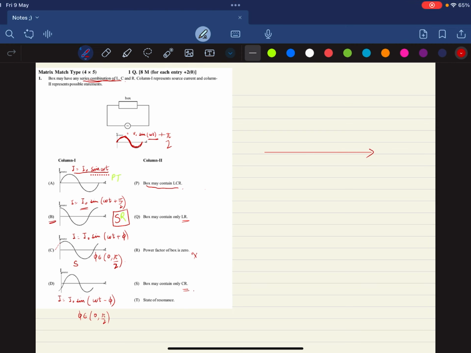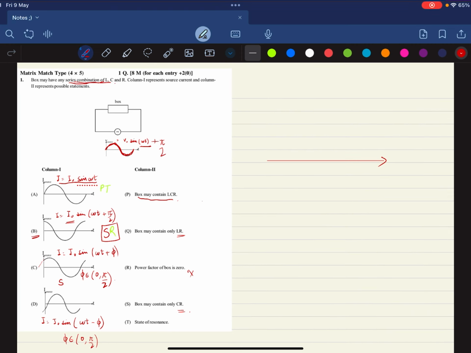In the D part, this is the V source phasor and we have to subtract to get to the I source. Let me draw it properly. So voltage leads here.